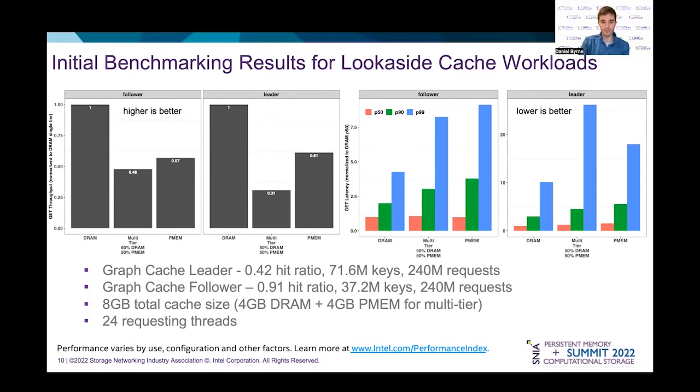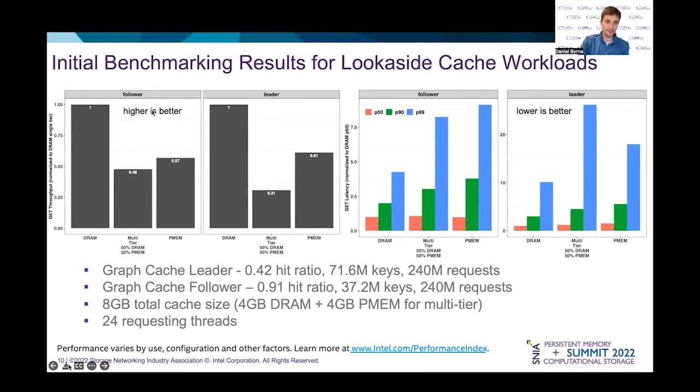So the leader workload really stresses the allocation path, whereas the follower workload has a high hit ratio. It does relatively little number of allocations just while the cache is warming up. And then the rest are read requests. So the follower workload is stressing the lookup path more, and the leader workload is stressing the allocate path more.